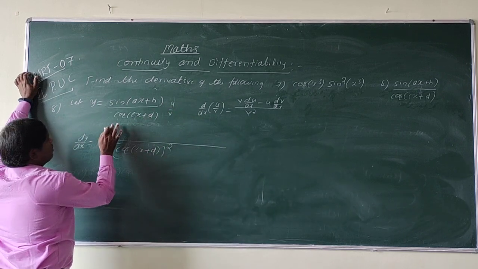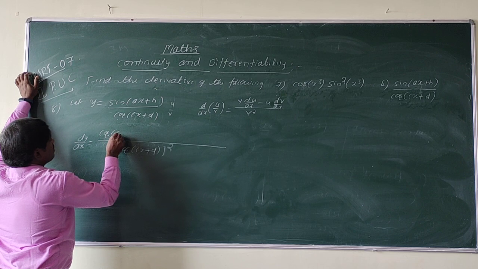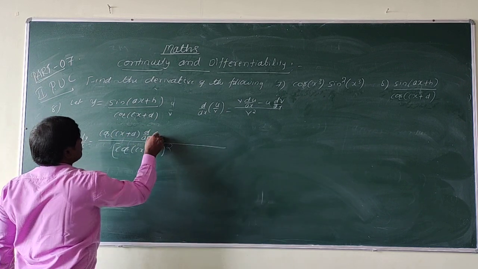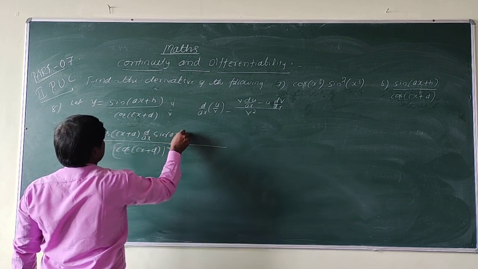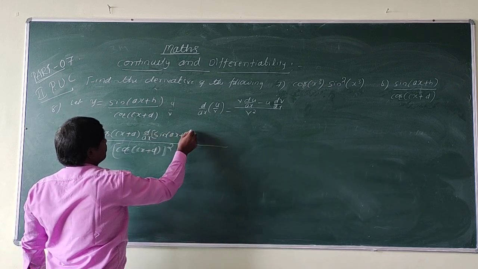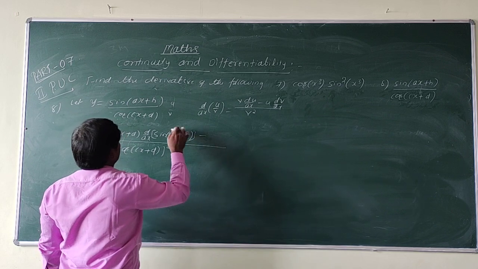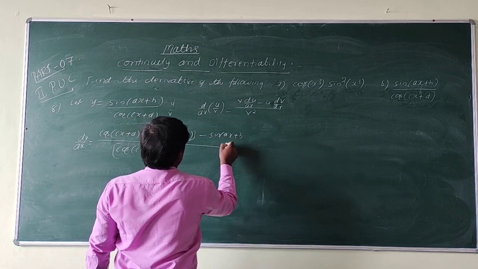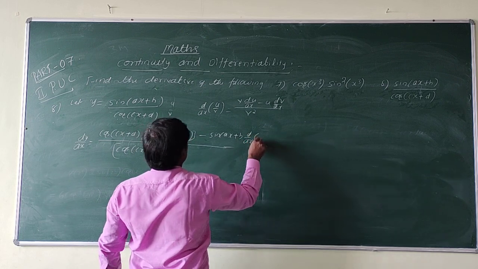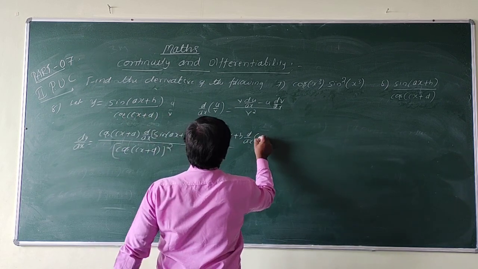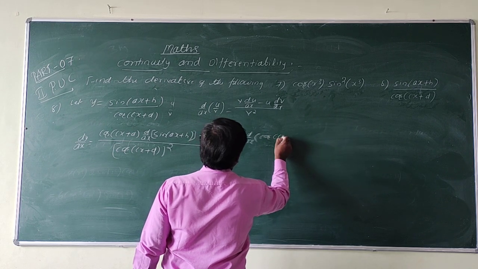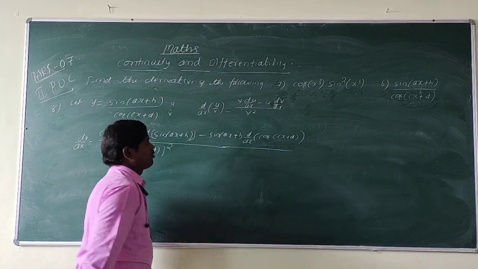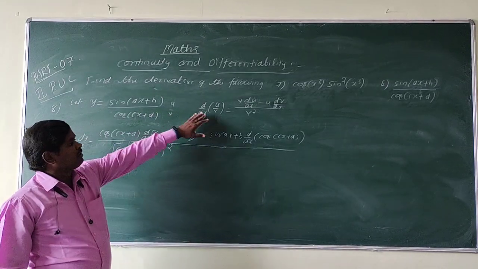So v, that is cos of cx plus b into d by dx of sin of ax plus b, minus u as it is, sin of ax plus b into d by dx of cos of cx plus b. I am just applying the formula here.